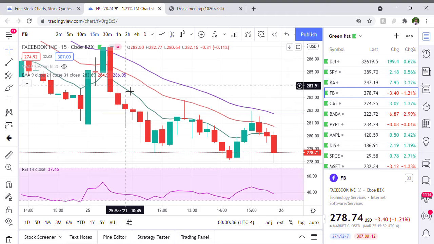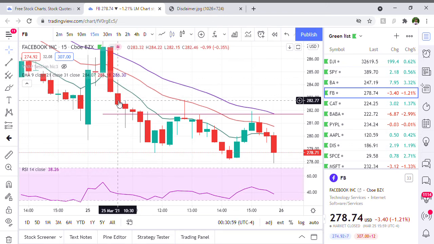Okay, now if you are a day trader, you must always be careful about your stop loss. So where is your stop loss? You can put your stop loss based on two conditions, either one of them. The first stop loss is the high of this particular candle where we identified our trade.